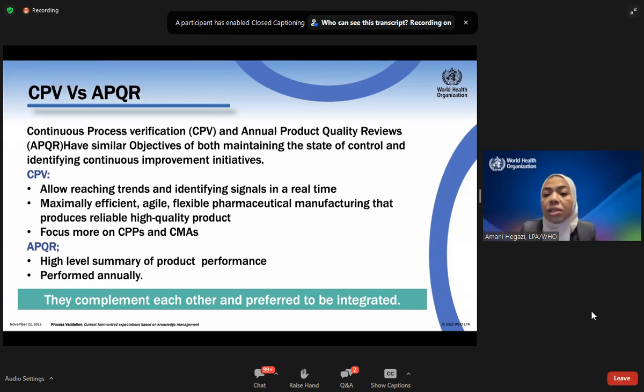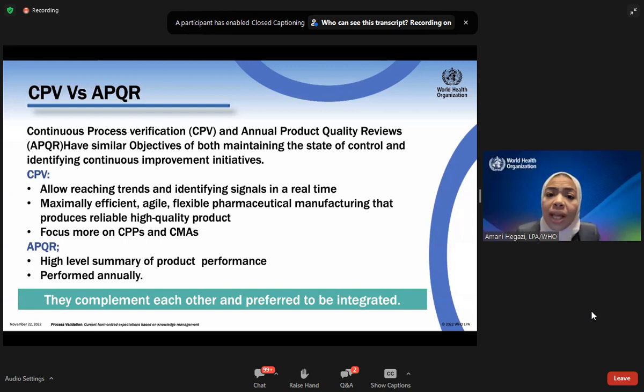While the annual product quality review is a high-level summary of product performance, it involves several inputs that are not included or considered in the continuous process verification, like complaints, regulatory submissions, stability behavior, and so on. And it's minimally performed annually. So it doesn't give the real-time response that is achieved by implementing continuous process verification.